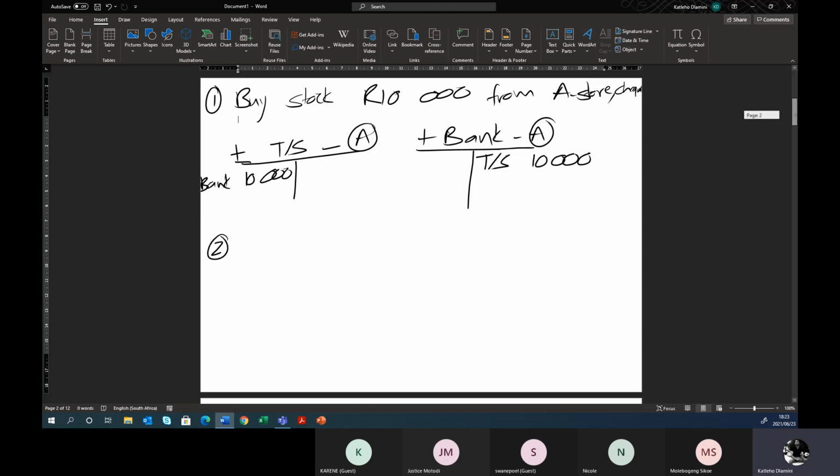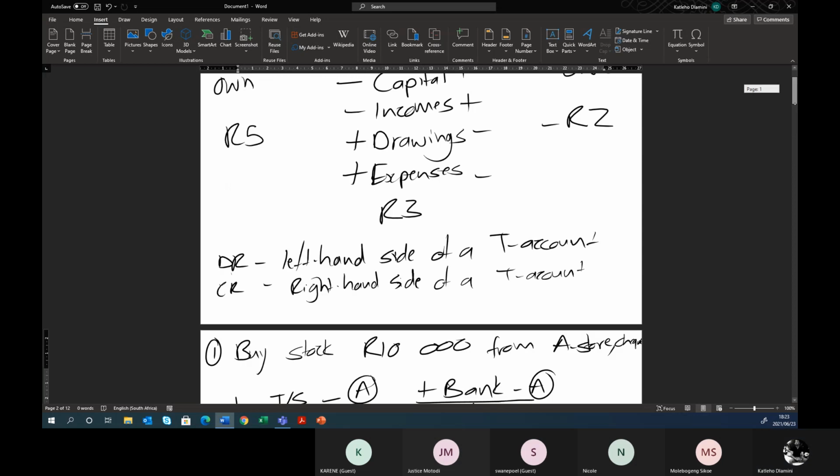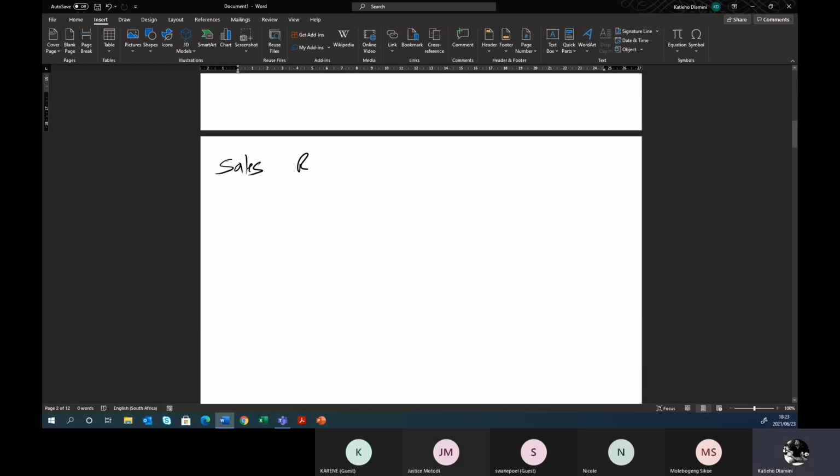So maybe I can also draw a mini income statement. Statement of profit or loss and other comprehensive income.